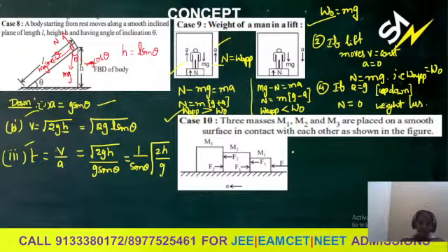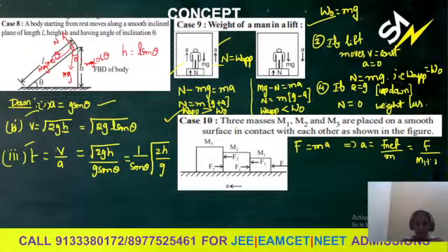The whole system will move as common. So we can write from Newton's second law F equal to ma. From this, a is equal to net force by net mass actually. So in this case, net force is the applied or external force F, by m1 plus m2 plus m3.